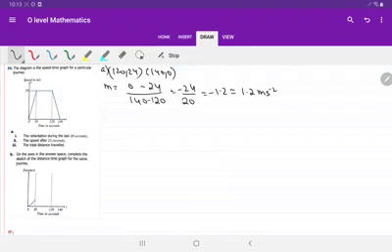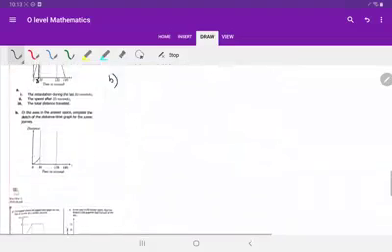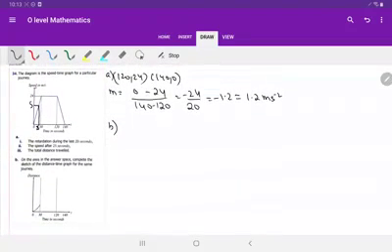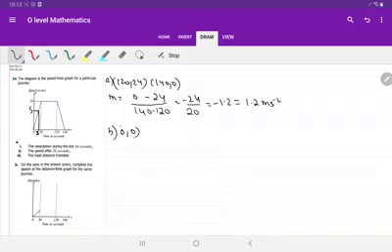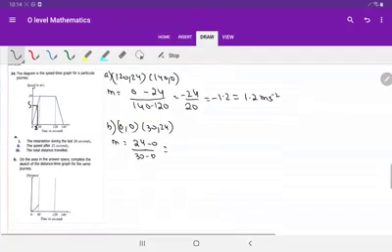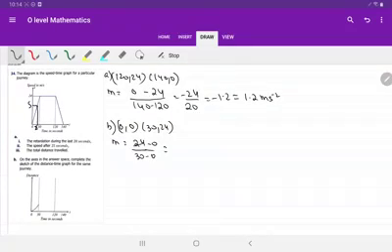The second part of the journey is to find the speed after 25 seconds. The first part is to find the gradient during the first part of the journey, 0, 0, 30, 24, and the gradient will be 24 minus 0 upon 30 minus 0, which is 0.8 meters per second square.